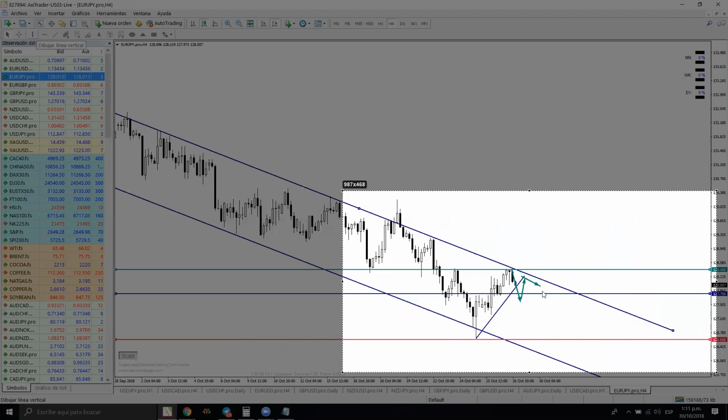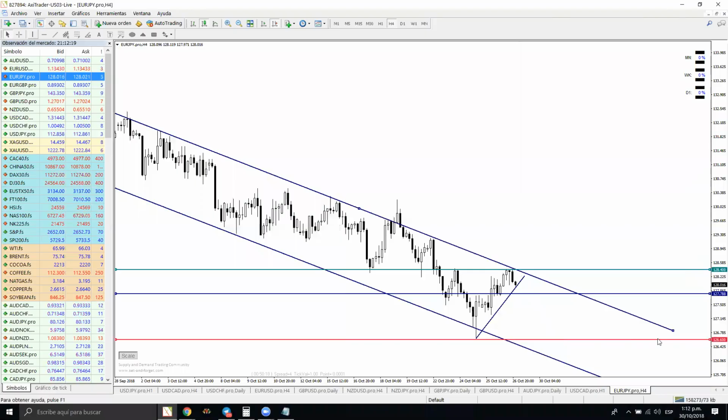I will explain now how. And we are going from here to here. Our stop loss could be below this resistance at this point. So in this example, we can have something like this.